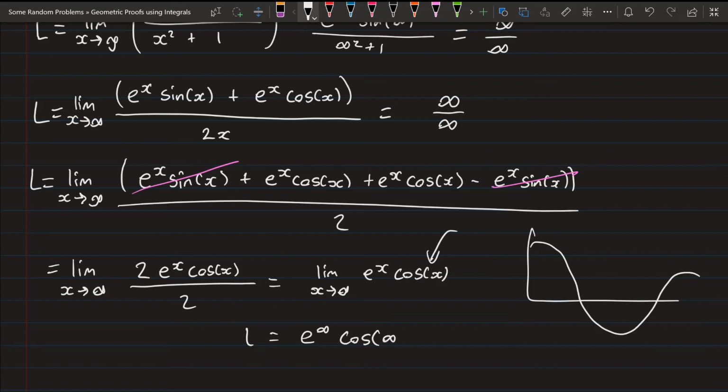We know that we have no absolute value for cosine infinity at all. But what we can say is e to the infinity is going to diverge to infinity. So therefore, our reasoning is that the function diverges to infinity.